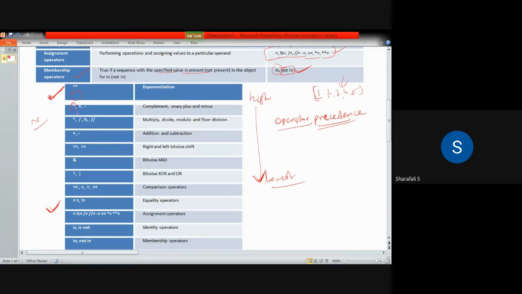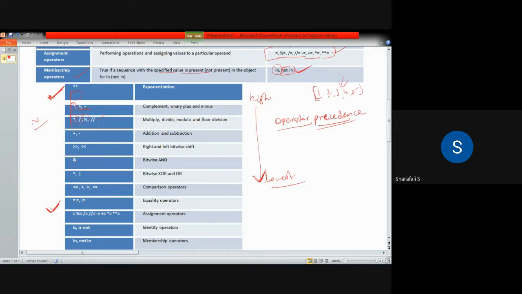And then we have these unary operators, plus and minus. And then we go to multiplication, division, modulo, and floor division. So this order has to be like this, from high precedence to lower precedence.